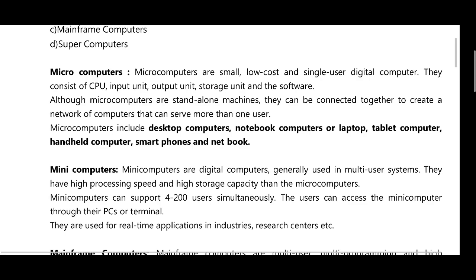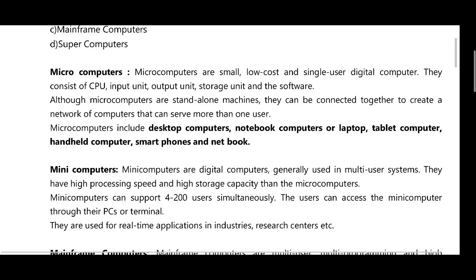This is a digital computer. In this digital computer, we have a CPU, input, output, storage device, and software. The examples are desktop computer, network computer, smartphones, tabs. These are all the microcomputers.